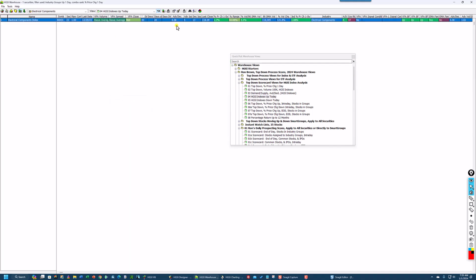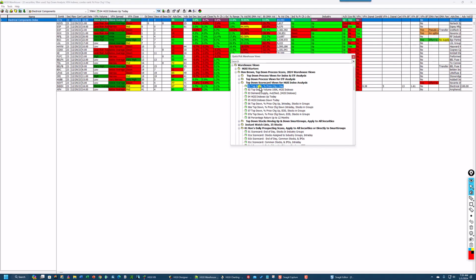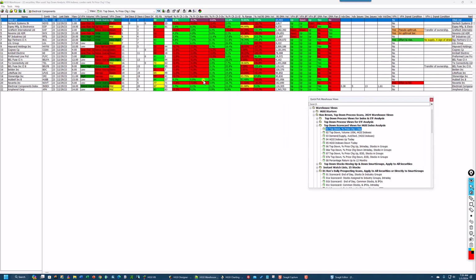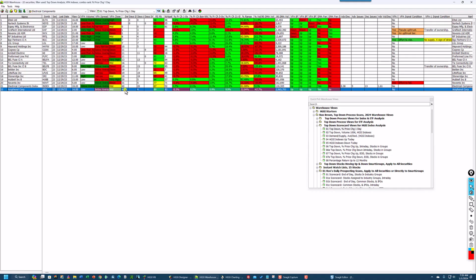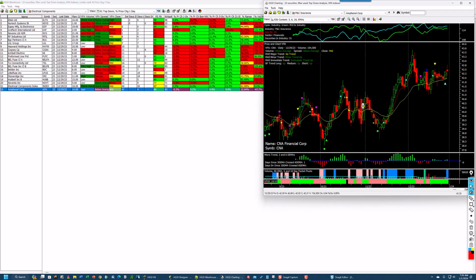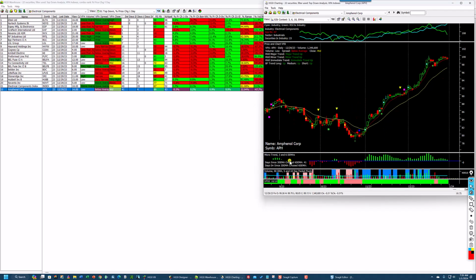I'm going to change to the industry group, and we'll just do the percentage price change on this. And I can go down here to the components index and see that this crossed over 40 days ago, and this stock must have been the leading stock at the time because it also crossed over 40 days ago, and you can see 41 days ago corresponds to this, and that happened right here.